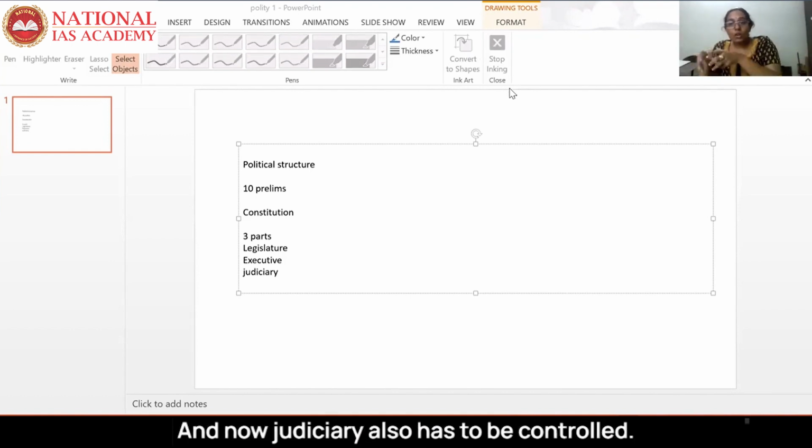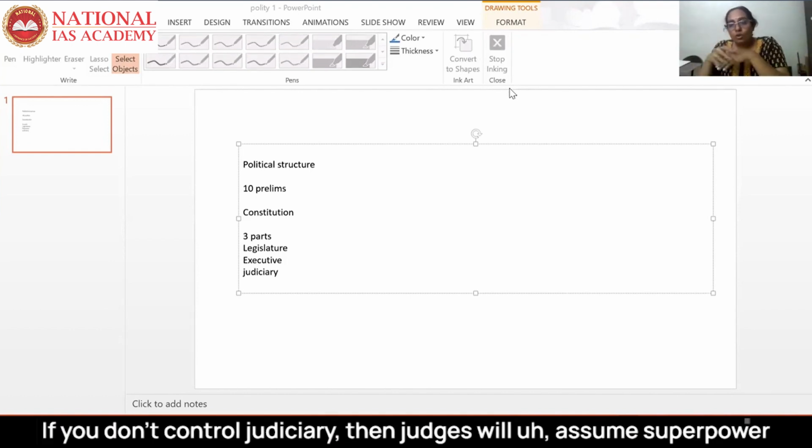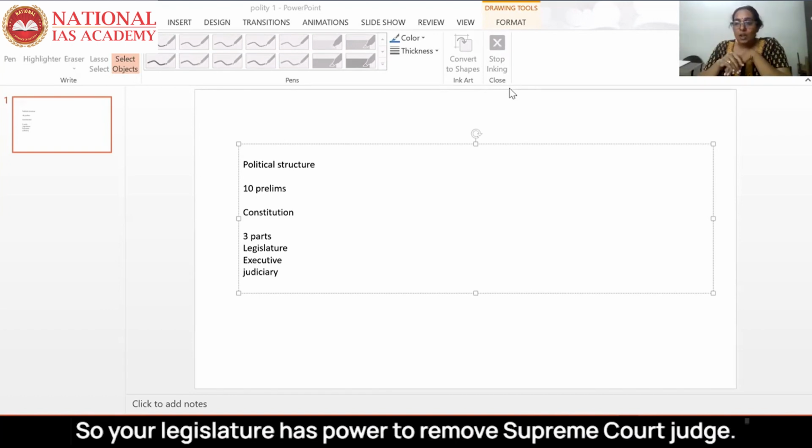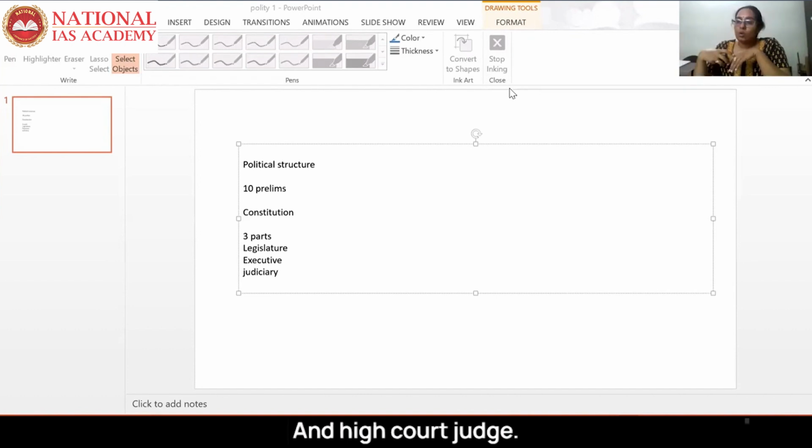And now judiciary also has to be controlled. If you don't control the judiciary, then judges will assume superpower, because already they have so much power of interpreting the constitution. So your legislature has the power to remove a Supreme Court judge and a High Court judge.